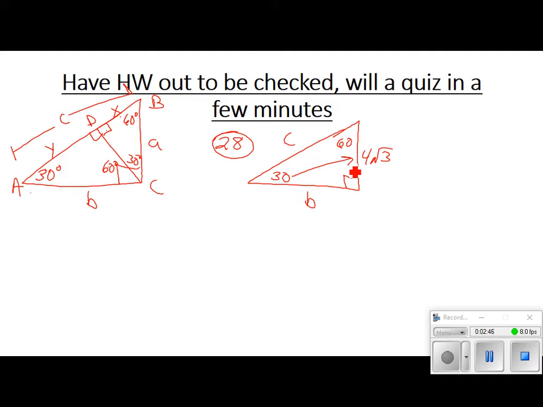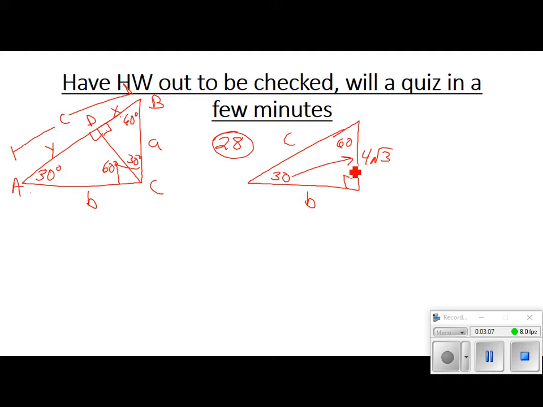This is what you wrote in your notes. You might want to get your notes out and change this right now. The side across from the 30 degree was X, the side across from the 60 degree angle was 2X radical 3? X radical 3, good. The side across from the right angle, 2X.